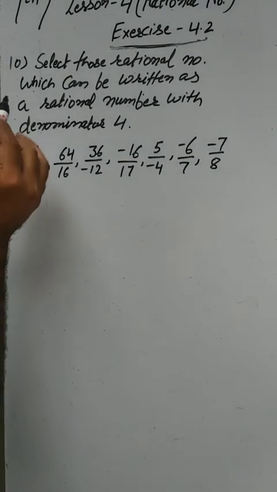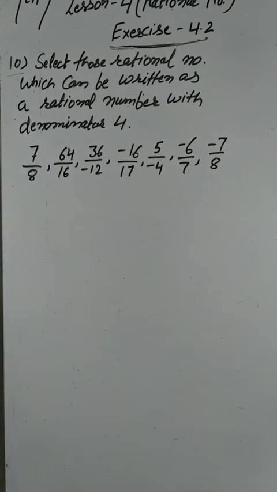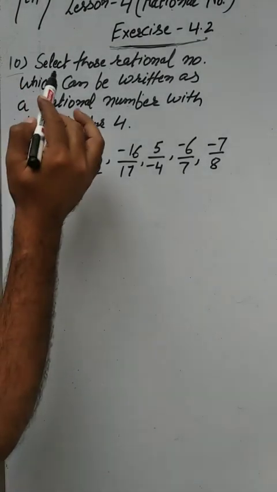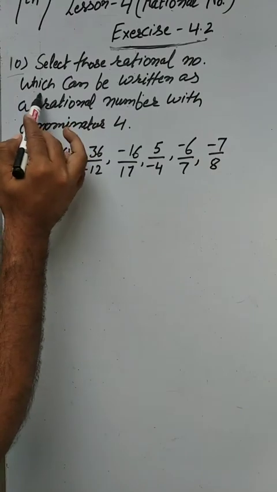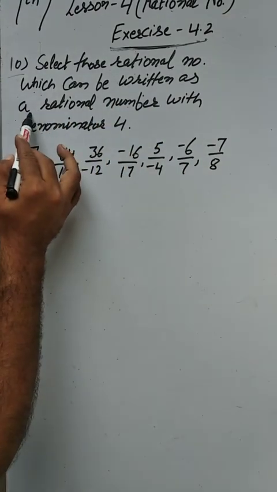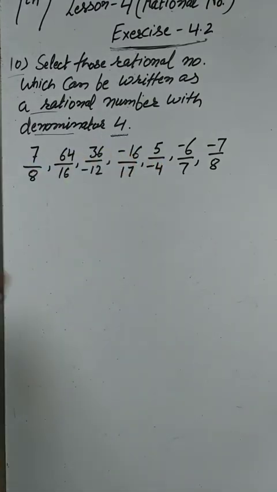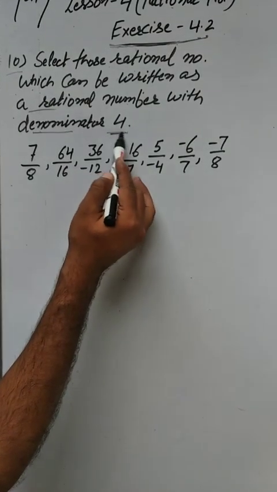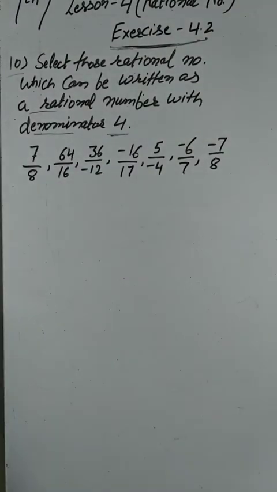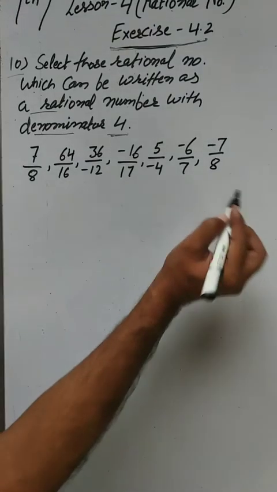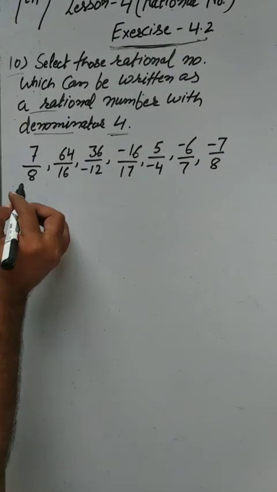Yes, your next question is question 10th, same as question 9th. Select those rational numbers which can be written as a rational number with denominator 4. We have been given some rational numbers. We have to find the rational numbers which can be written with the denominator 4. Now look at the denominator of every rational number.